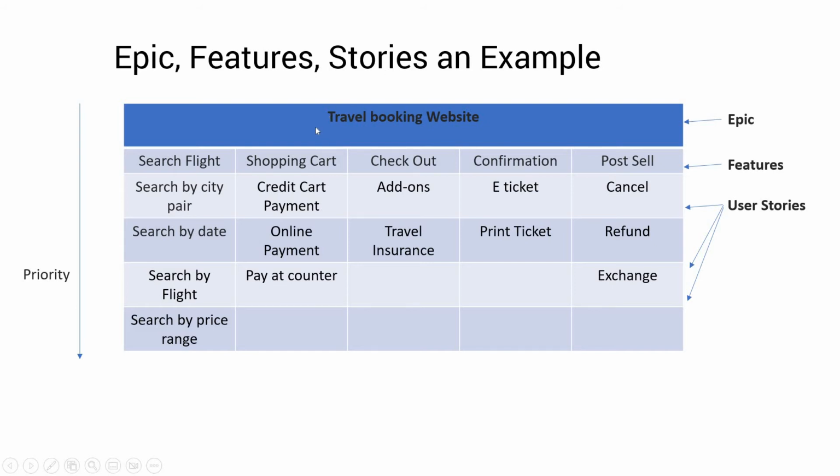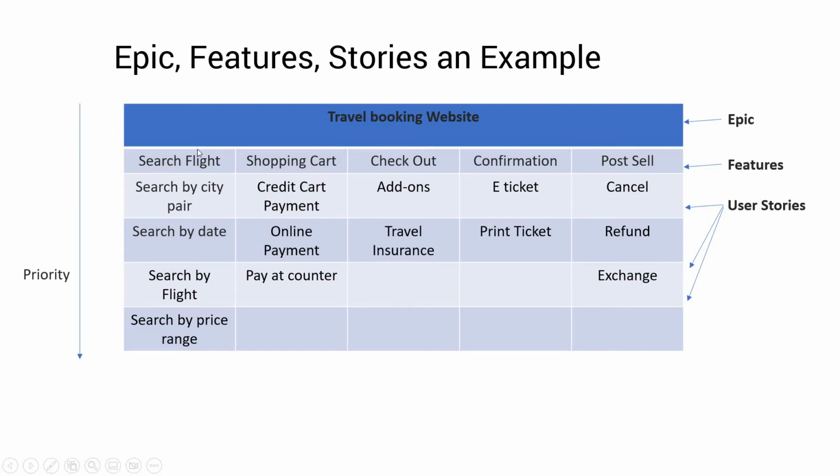Here you can see the presentation of the epic, features and user stories with the priorities. In the first row we have the epic, travel booking website. Inside this epic we have multiple features: search flight, shopping cart, checkout, confirmation, post sale. And inside the features we have different user stories.